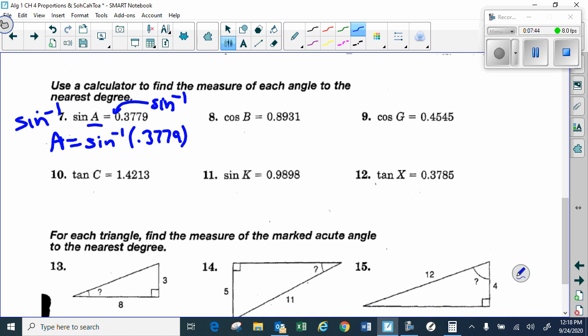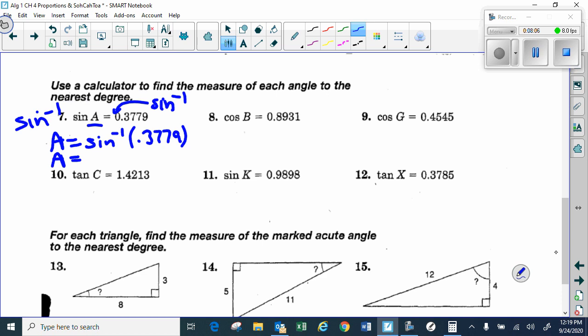Now what I do have to remember is my calculator needs to be in degrees. If you're using a graphing calculator, it is by default in radians. So you must hit the mode button and go down. I see here 3 or 4 down where you see radians and degrees, and switch over to degrees and hit the enter button if you're on the graphing calculator.